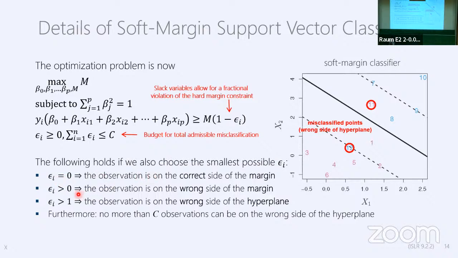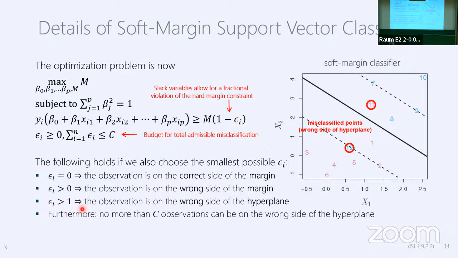If epsilon I is positive, then the observation is on the wrong side of the margin, but not completely misclassified. So it's still correct, but on the wrong side of the margin, right? Because if we are within this value, then epsilon I is between 0 and 1, essentially.